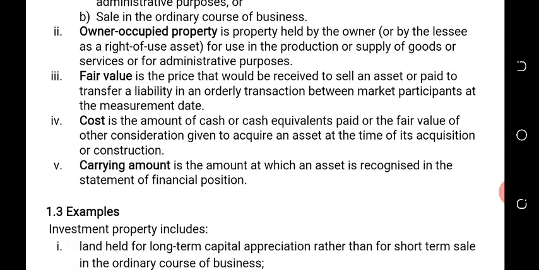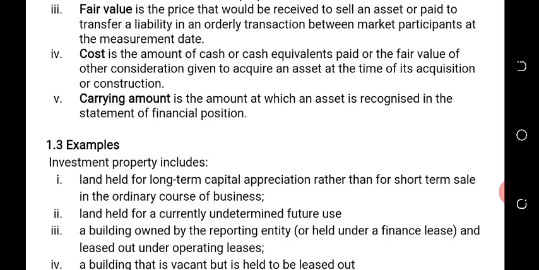Now let's define cost. What is cost according to the standard? Cost is the amount of cash or cash equivalents paid or the fair value of other consideration given to acquire an asset at the time of its acquisition or construction. So any amount incurred to acquire an asset is the cost of that asset.